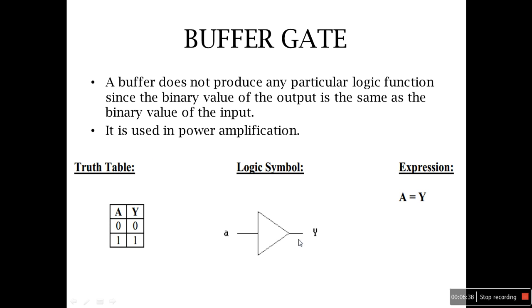So this gate does power amplification. For example, we need the output as 1, but instead of 1 we get 0.9, which will be amplified to 1. That is the use of the buffer gate, and the expression is A is equal to Y.